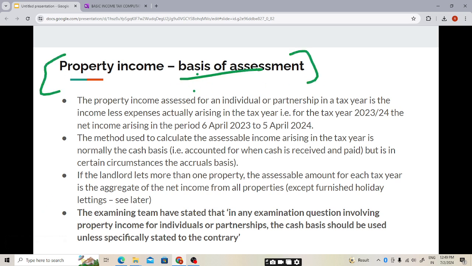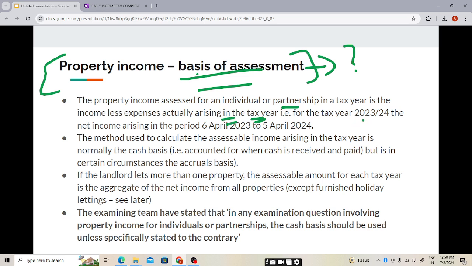Property income basis of assessment. How will the property income be assessed in the tax year? The property income assessed for an individual or partnership in a tax year is the income less expenses actually arising in the tax year. So how will you calculate your property income? Whatever is your income less your expenses arising in that tax year.